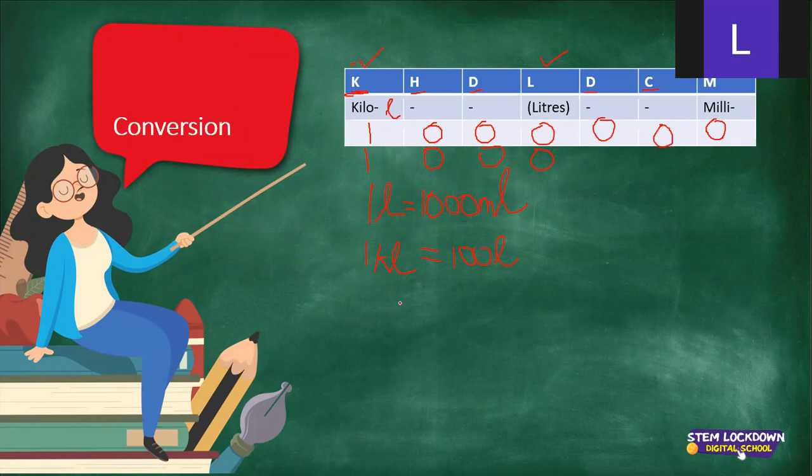In other words, 1 kiloliter, just in case they ask you, is equal to 1 million milliliters. So you basically need a million of these small guys, the millis, to give you 1 kiloliter.